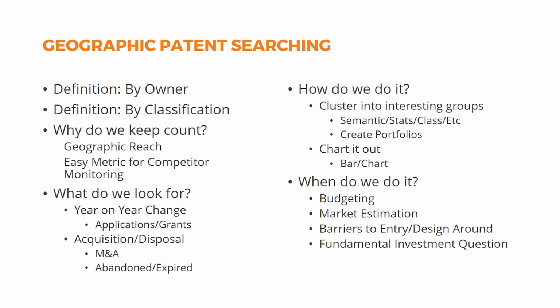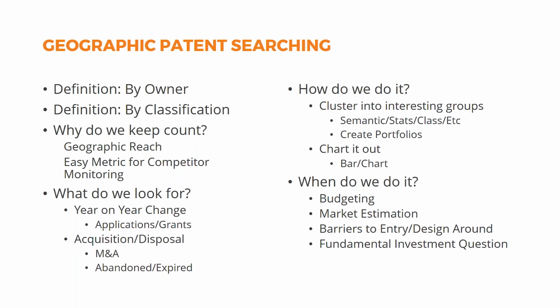Why do we keep count? Because a lot of times you can estimate geographic reach in your client question of the other patent owner. So if you have a patent owner you're reviewing that only files in certain countries, you can make assumptions about their level of product sales in those marketplaces. You can make assumptions about why they would be in those marketplaces.